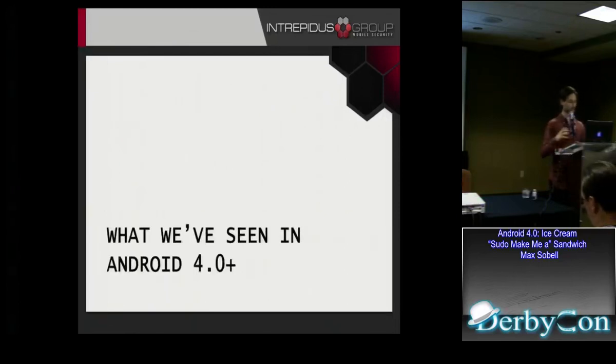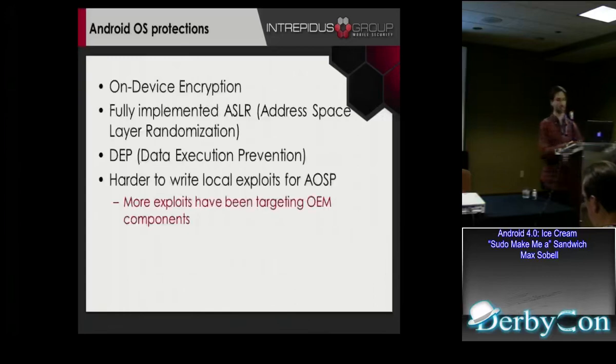Okay, so now to the meat of what we've seen in Android 4.0 Plus. The reason I picked 4.0, aside from it making a good joke, is that 4.0 brought a lot of new security features. So there's on-device encryption, fully implemented ASLR, DEP, and it makes it much harder to write local privilege escalation exploits for the Android open source project.